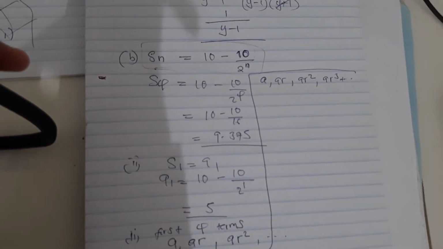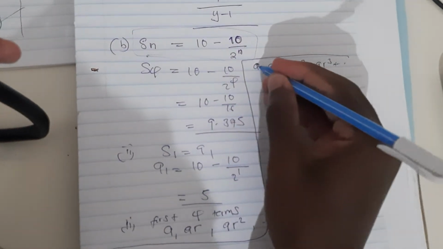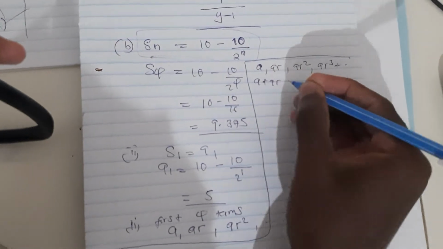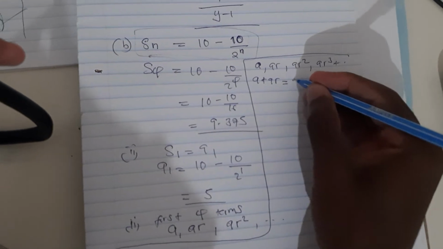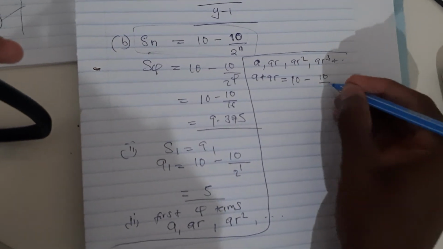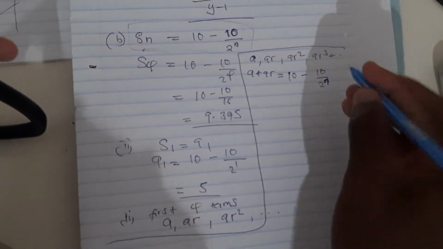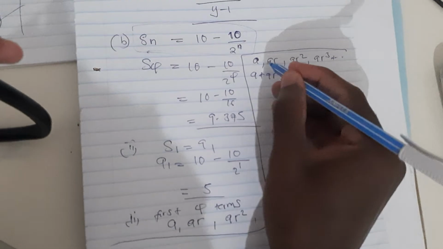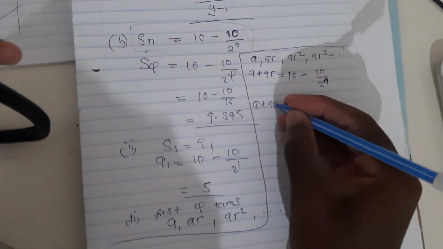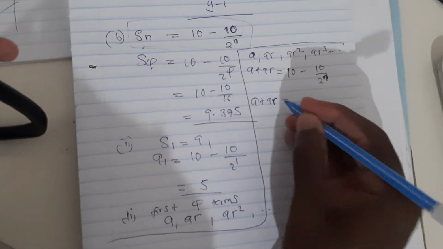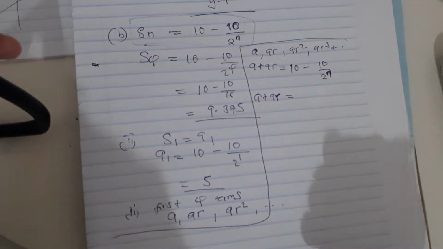So what I can do is find the sum of the first 2 terms. If I say a plus ar, then I'm finding the sum of 2 terms. Since I have the sum here, which is 10 minus 10 over 2 to the power n, where there's n I'm just going to put 2, because I'm finding the sum of the first 2 terms. The reason I've used this is that I want to find the value of r, so that I can use it to find the terms.